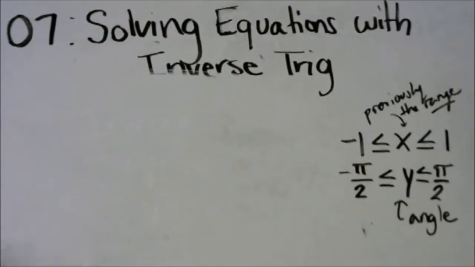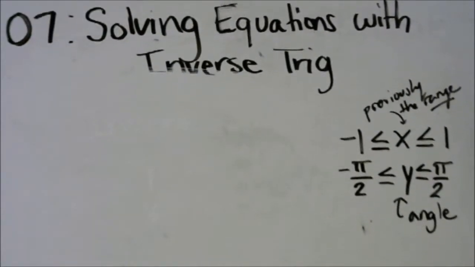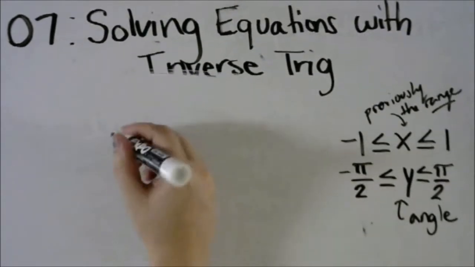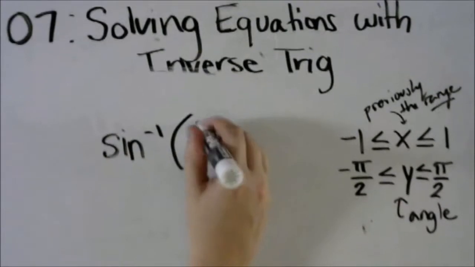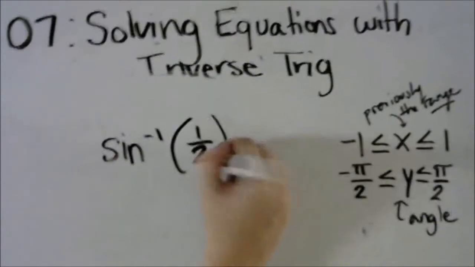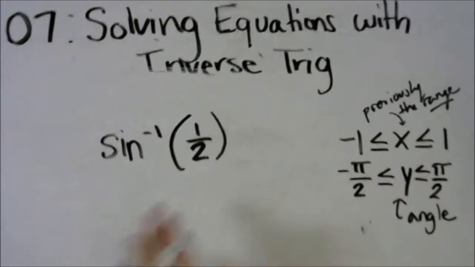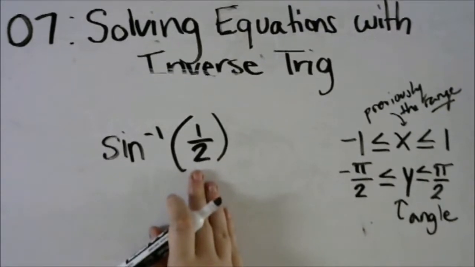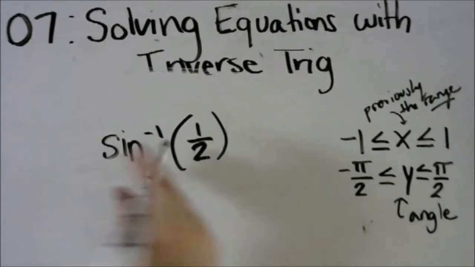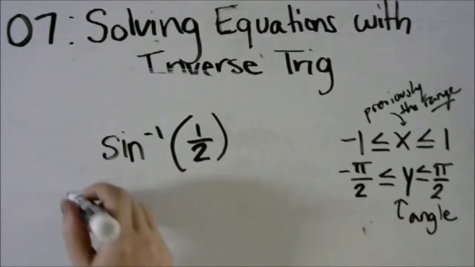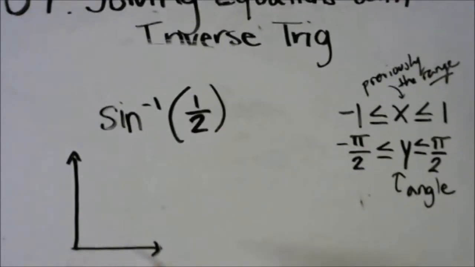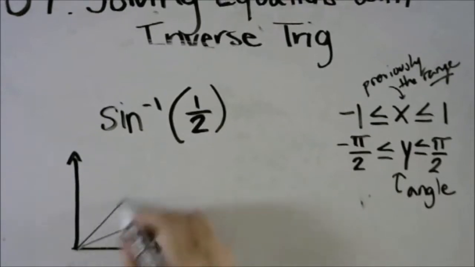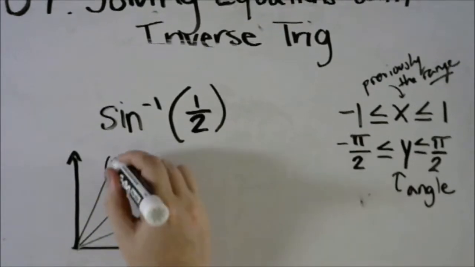For our first question, let's take a look at a value we're familiar with from our unit circle. Find or evaluate inverse sine of 1/2. So 1/2 is a value on the unit circle, and the sine, if you're thinking about the unit circle, so let's take a look at quadrant 1. The sine is the second value of the ordered pair.